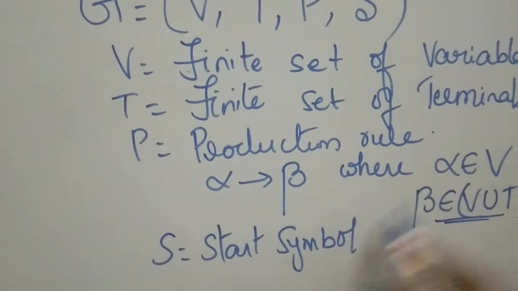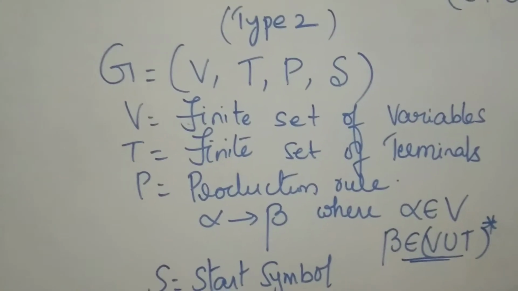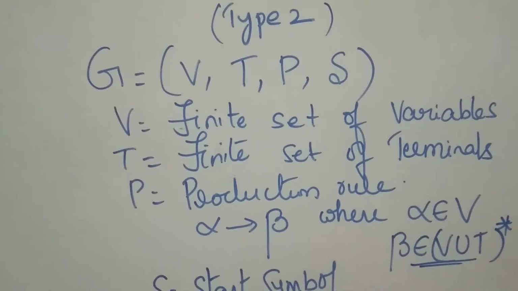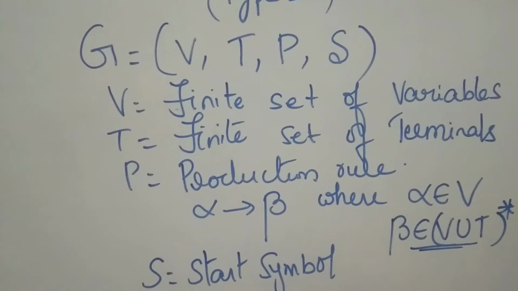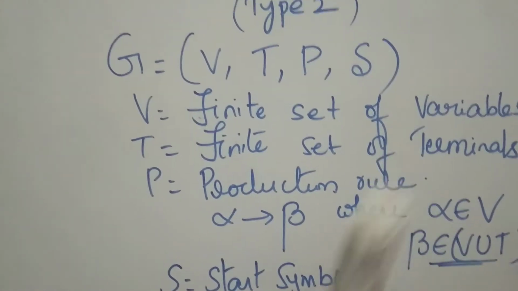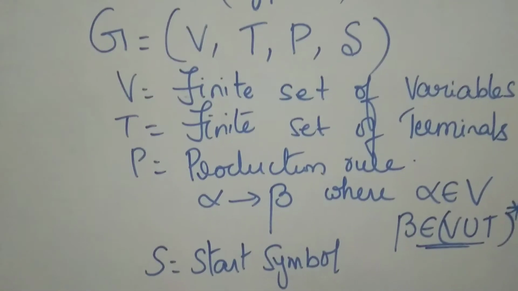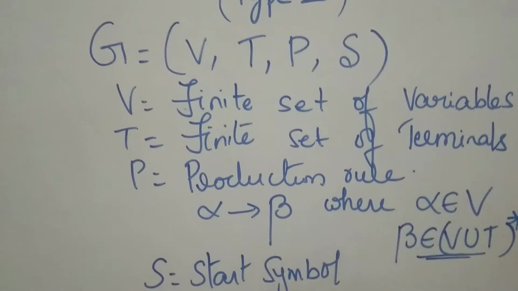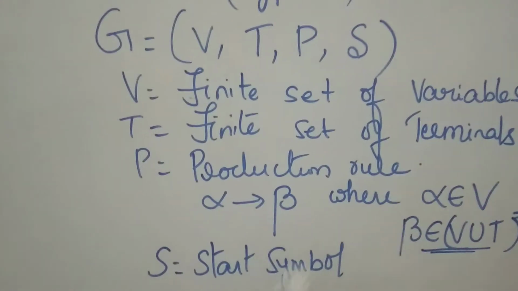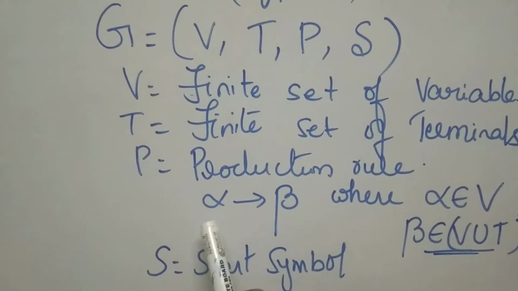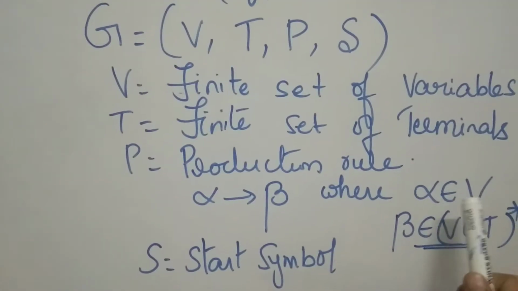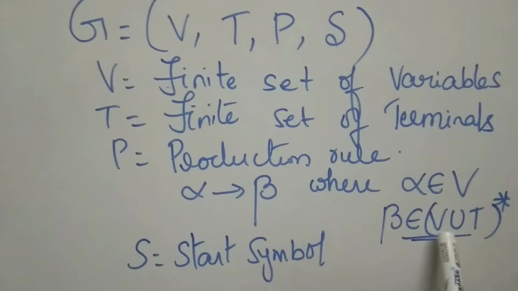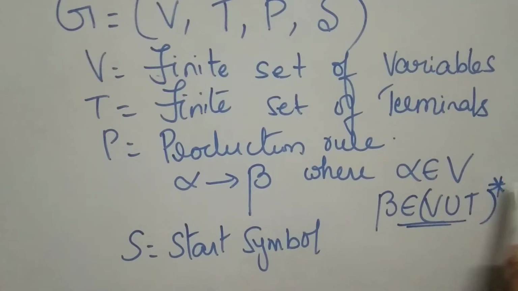For any grammar, whether it is context sensitive, regular or unrestricted, every grammar can be defined with variables, terminals, productions and a start symbol. Only the production rule differs. In this grammar the production rule is of the form alpha tends to beta, where alpha belongs to the variable set and beta belongs to (variable union terminal) whole star.